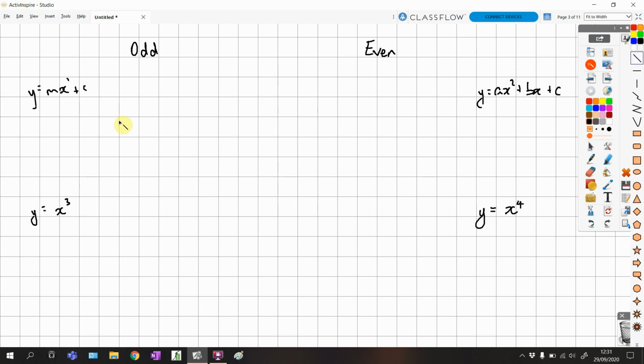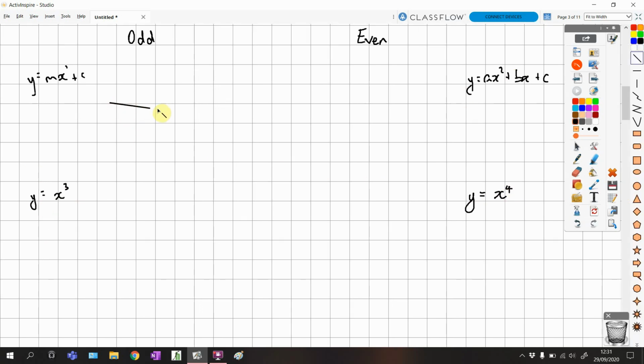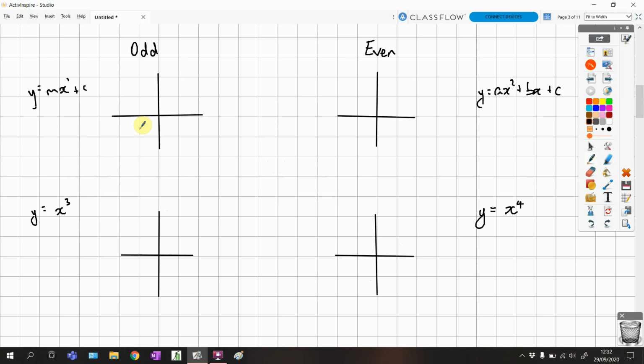Now, let's think about what happens. This is where you need to have a really good grasp of what happens with negative numbers and how they work together with positives. And hopefully you'll discover something that doesn't surprise you too much. Okay.